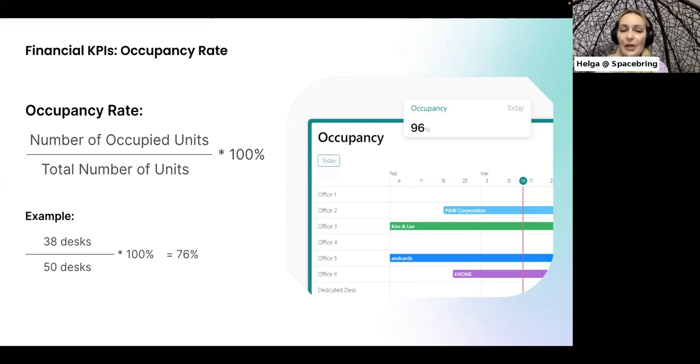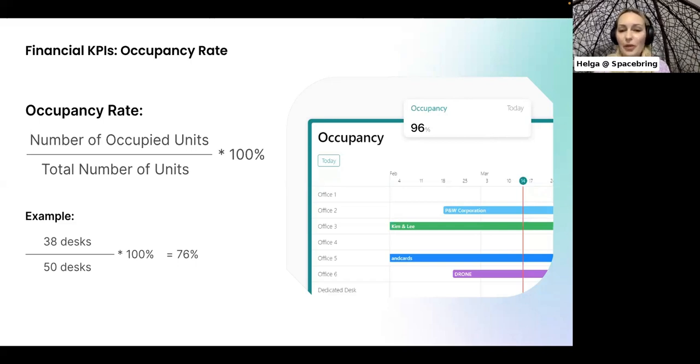One fine day, you count 38 desks occupied. Here's how you crunch those numbers. Divide occupied desks by total desks, which is 38 divided by 50, and multiply the result by 100 to get the percentage. So there you have it. Your occupancy rate for that day is a solid 76%. Easy, right?